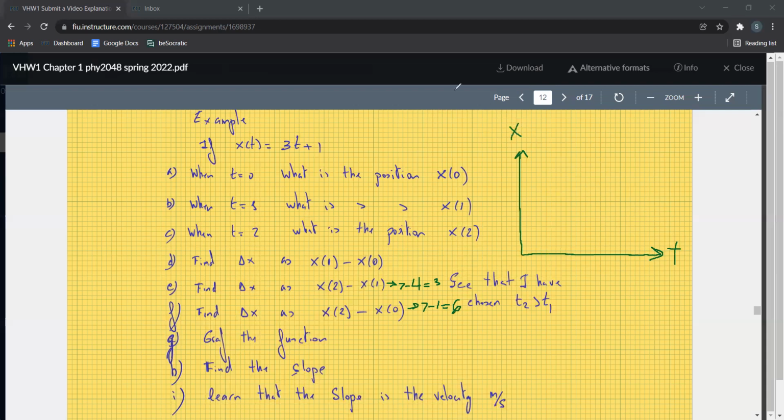I'm going to finish my graph first. So we know that t is at 0, which I'm going to put right here, 1, and 2. Those are positions of t. So at t equals 0, our x of 0 is at 1.